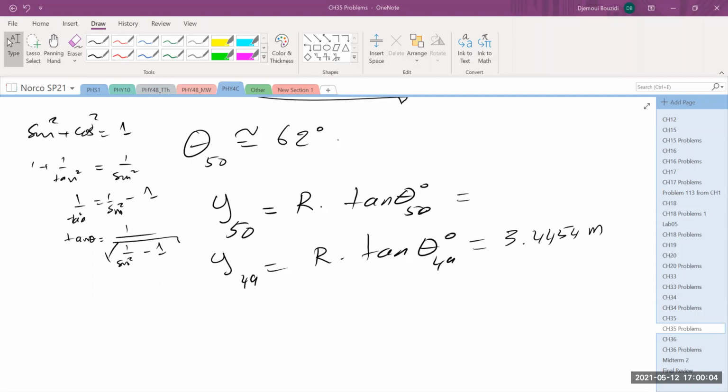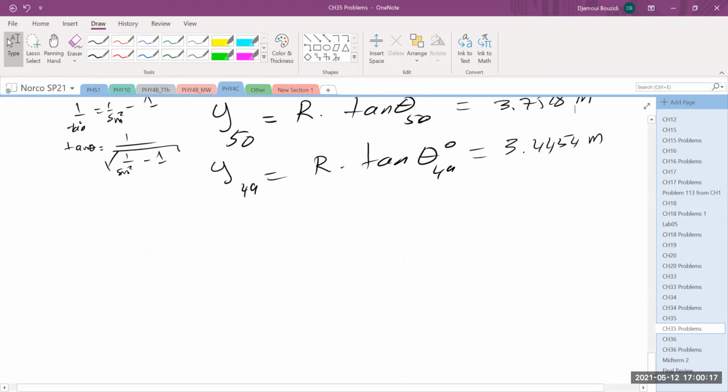And the distance for this one is 3.75. I should probably have kept this much, but that's fine. 282 meters.